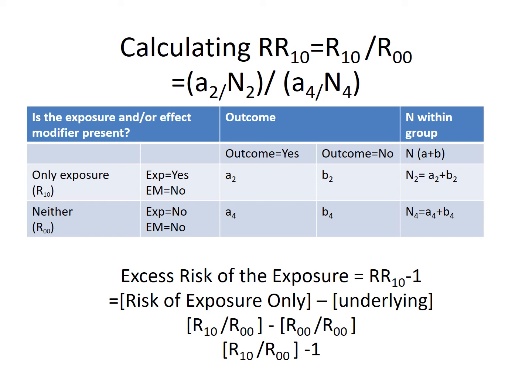And to the right of that, it's always that minus 1. So really, you're just looking at the A2 divided by N2. And to get a risk ratio, you're dividing that by the same number that you used for your comparison of your joint effects, which is the A4 over N4. So you're looking at the risk of just the exposure divided by the risk of neither, and subtracting out the underlying risk of 1.